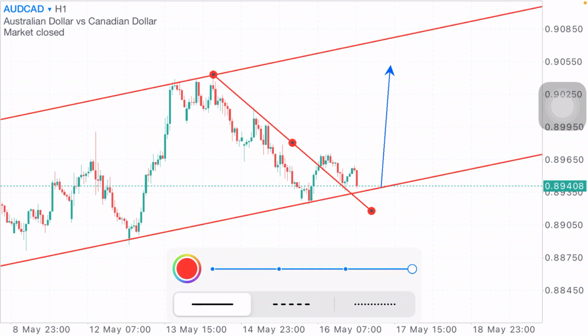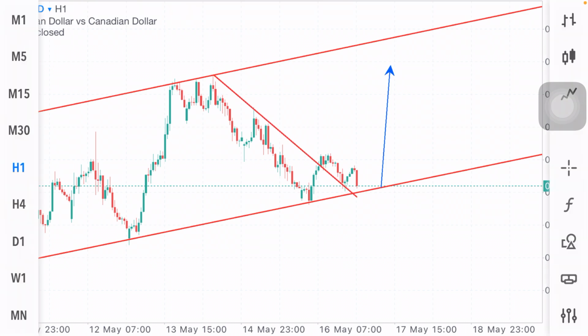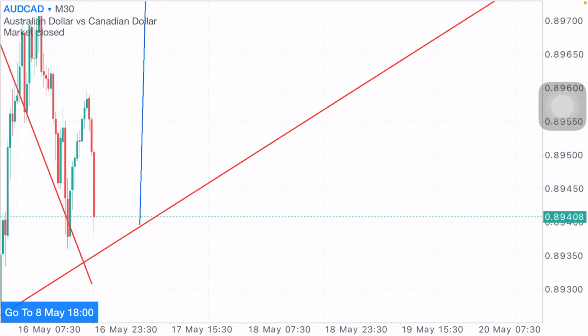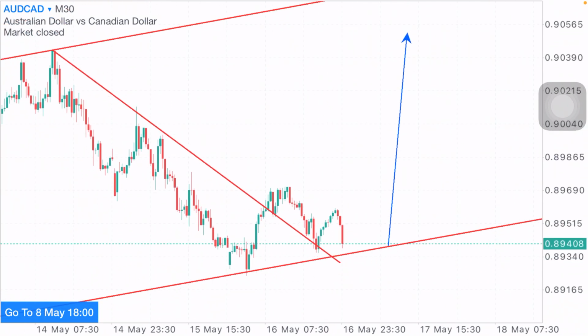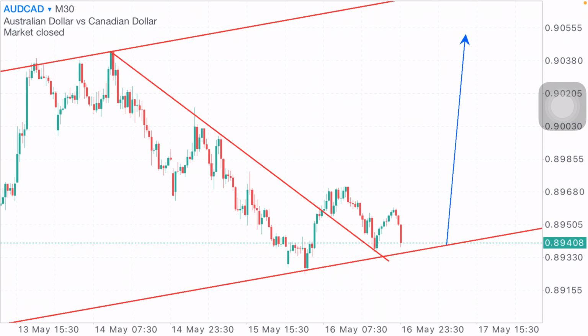You see, it's not that hard, chance. It's only hard if you make it complicated for yourself. Look at this. Uptrend, buy entry.